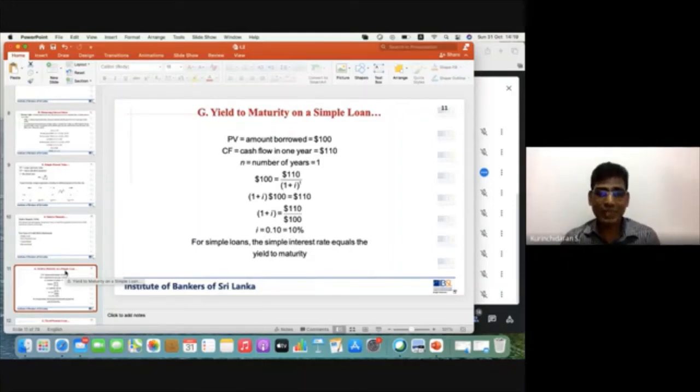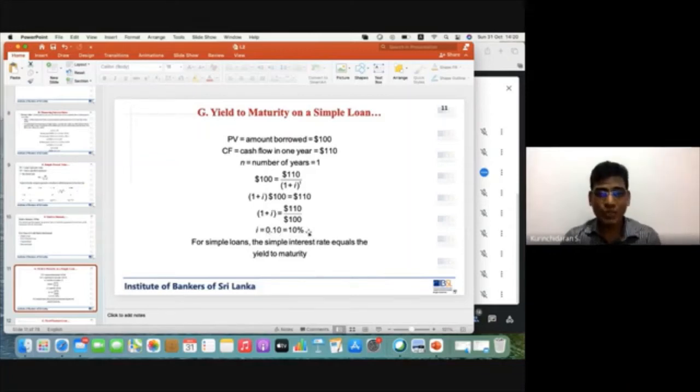So as I said, you put in this formula: present value equals future value divided by 1 plus i to the power n. We don't know i. The power n is 1 because it's 1 year. If you simplify this formula, you will get i equal to 0.1, that means 10%.